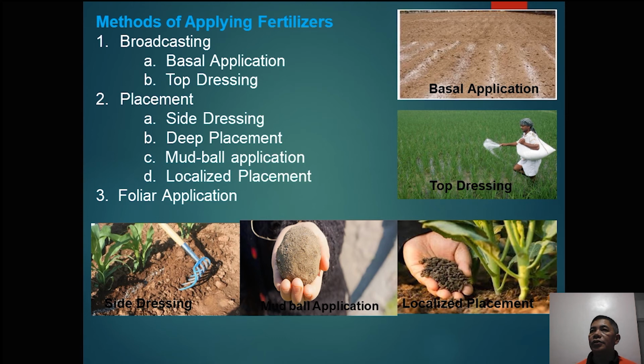And of course, there are some fertilizers which are solid in form, but they will be dissolved in water and then sprayed to the leaves of plants. And there are also ready-made liquid fertilizer. Just buy it, then you will use a certain ratio of the liquid fertilizer and of course the water. Then you have to mix it with water.